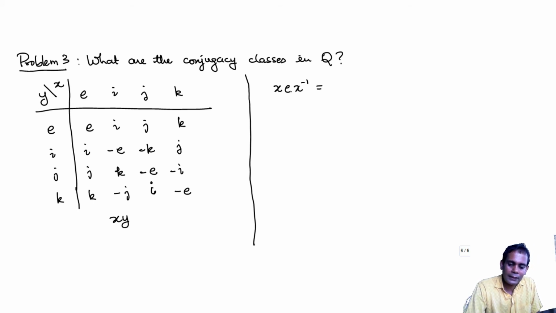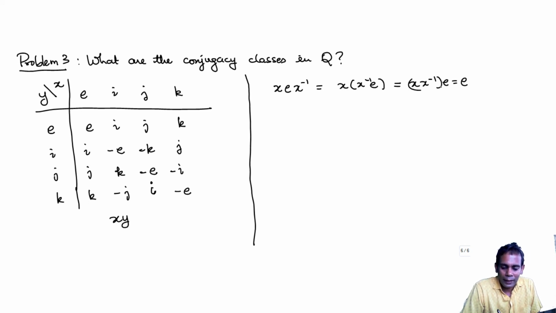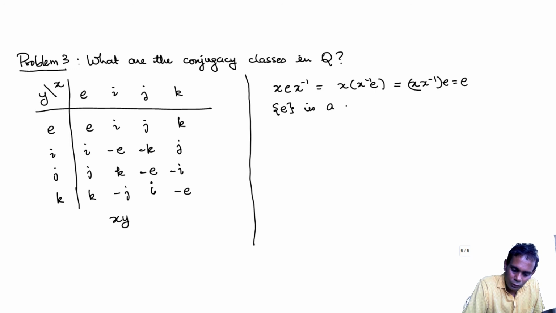Well, I know that e commutes with all the elements of the group Q. So this is x x inverse e. e is just the identity, so by associativity that's just x x inverse e, and that's just e, because x into x inverse is e and e into e is also e. So no matter what x you take, x e x inverse is e. So singleton e is a conjugacy class.